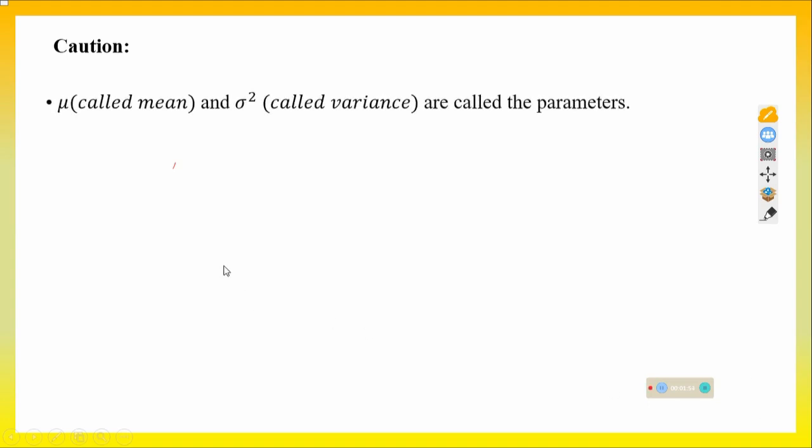So we need to recall a few parameters here. One, mu represents the mean, and sigma squared represents the variance, meaning that sigma alone represents the standard deviation. So these two parameters, mean and variance, are the parameters for a variable that follows a normal distribution.